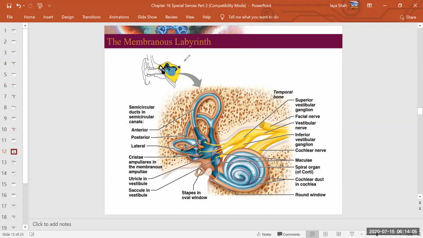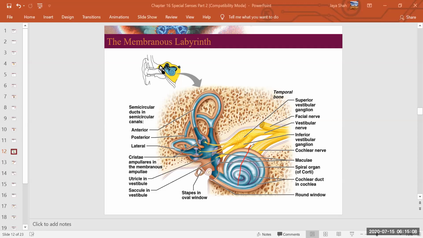So if I cut through this tube in the middle, through the center of this duct, and if I take one area here and see, or take another area and see, what are we going to see?